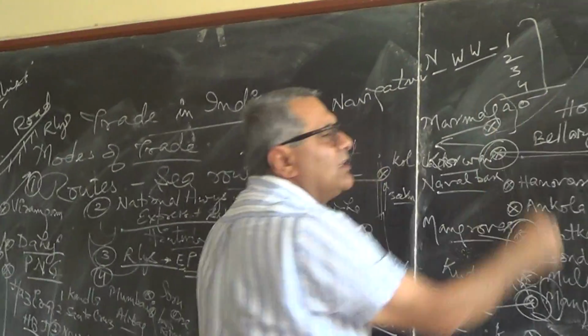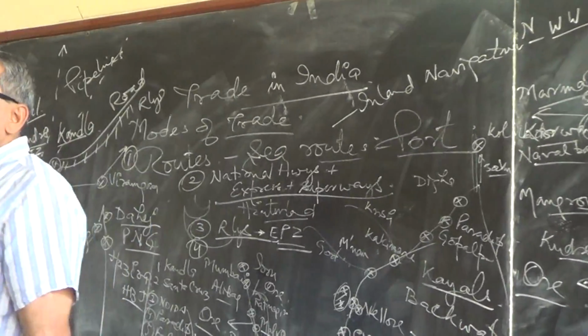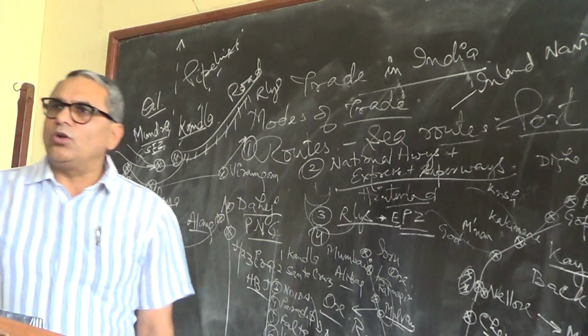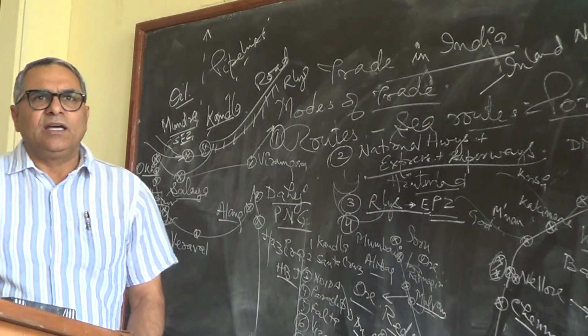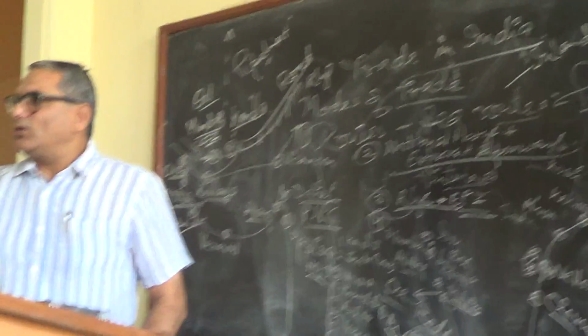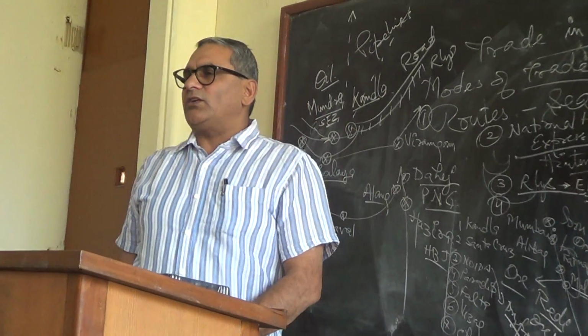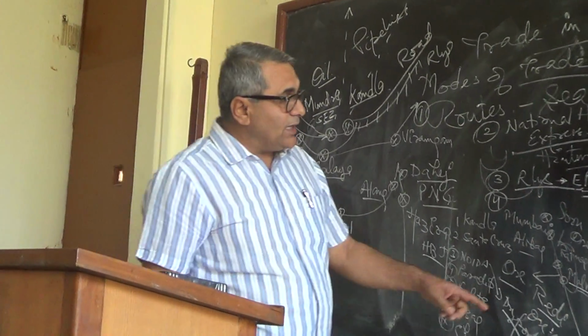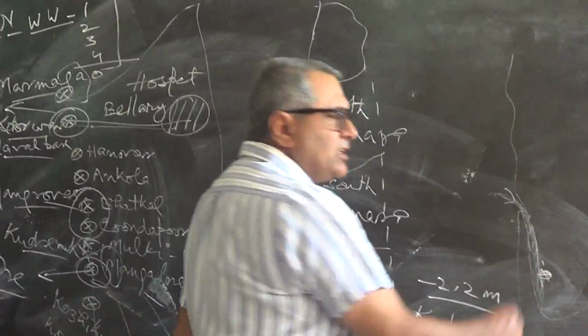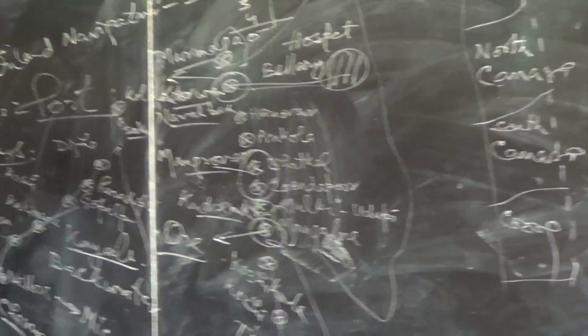We have several waterways in the Brahmaputra river and the Ganga river, from Kolkata to Varanasi, known as National Waterway 1. The Brahmaputra river has National Waterway number 2. Kerala backwaters are declared as National Waterway number 3. So we have different waterways.